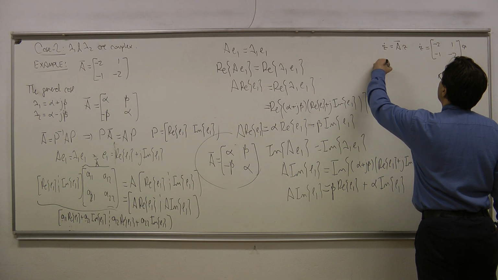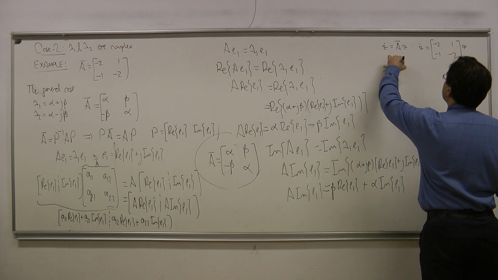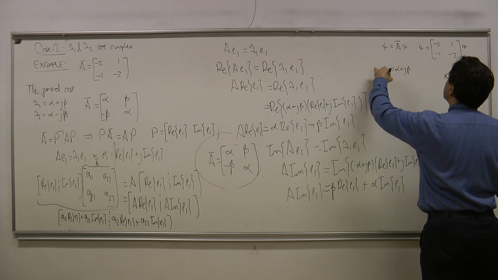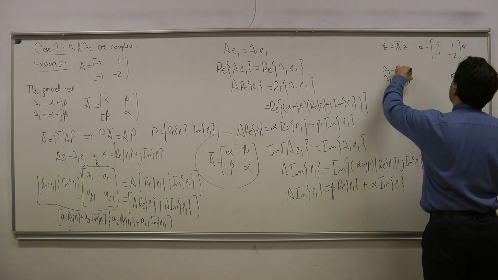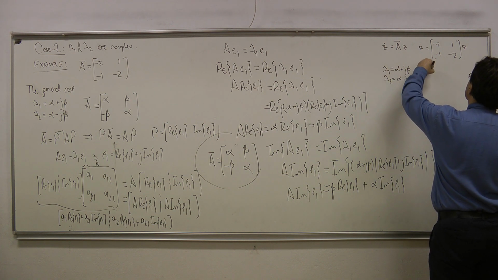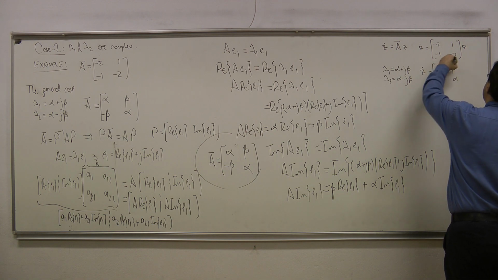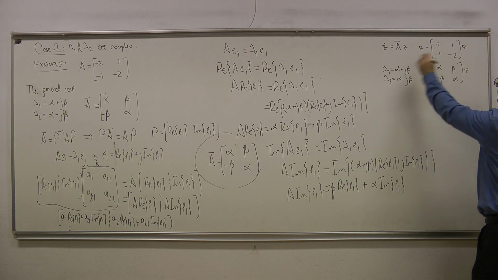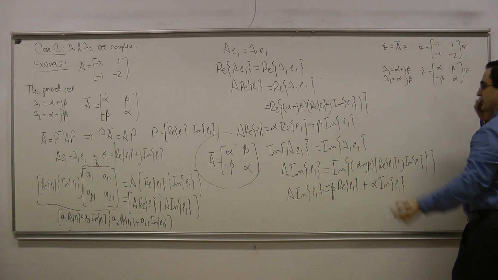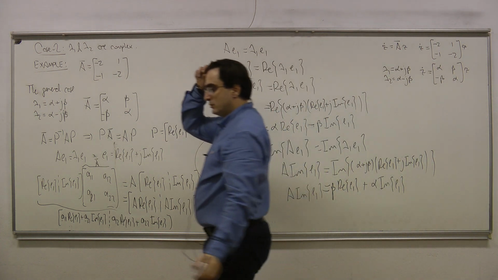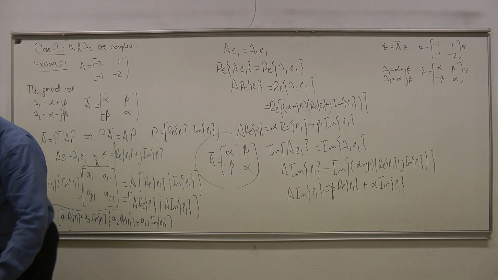So I have lambda 1 equals alpha plus j beta, and lambda 2 equals alpha minus j beta. In that case, I would have the system alpha, beta, minus beta, alpha times Z. This is the general case.